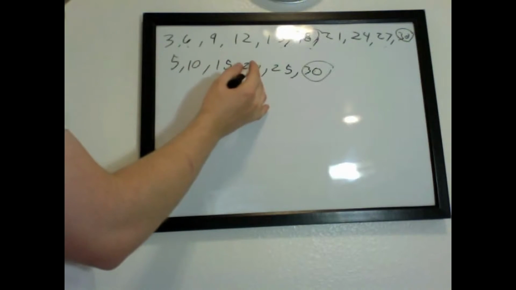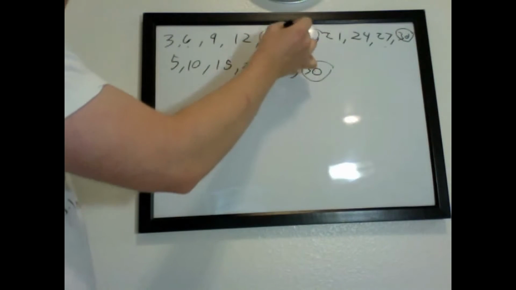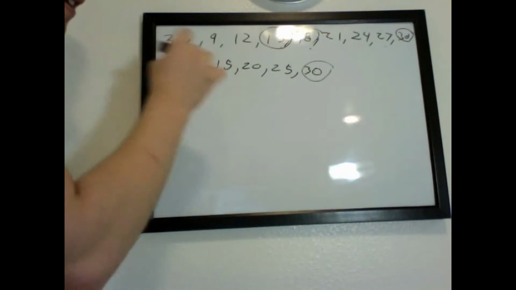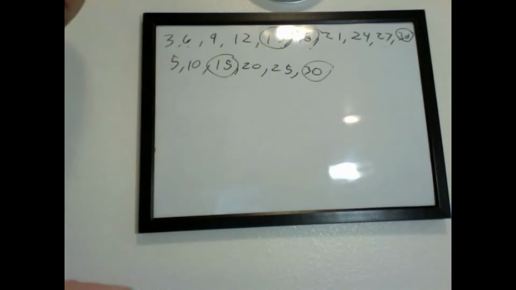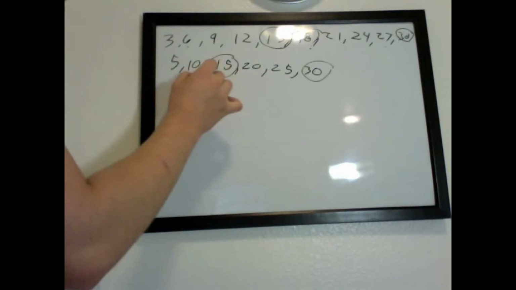And then we see here, you go down here and you have a 15 here and a 15 here. What is the least thing they have in common? Well, it's 15.